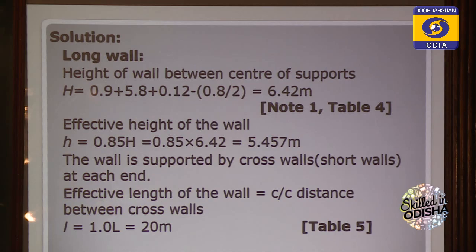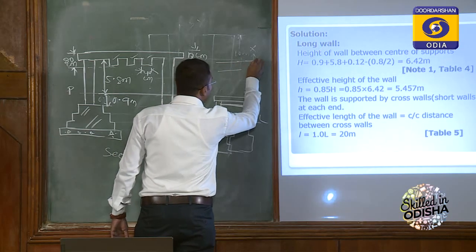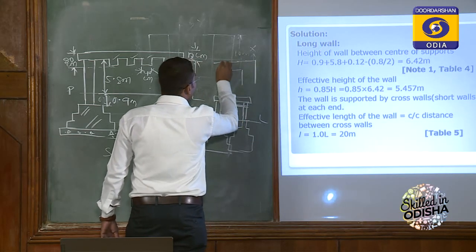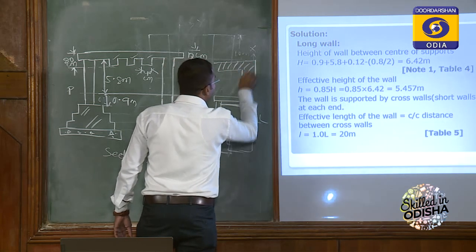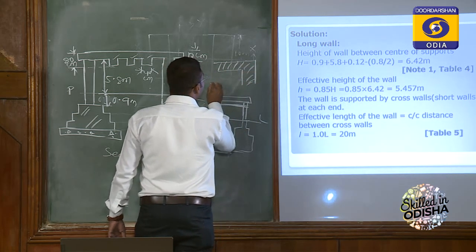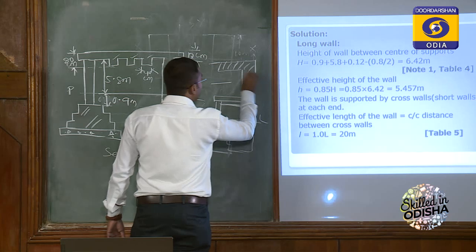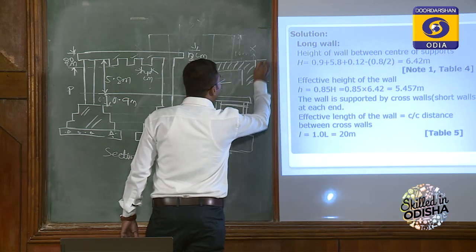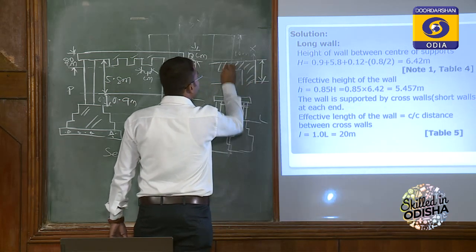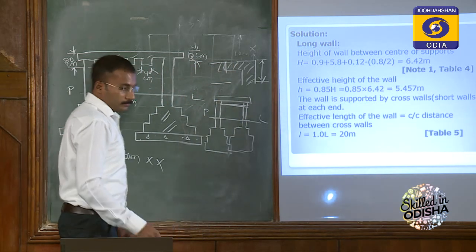That means you can see here one wall is crossing another, so we have to calculate the cross wall, and this cross wall dimension will be 2 times of this wall thickness.